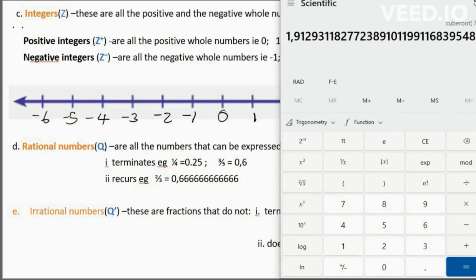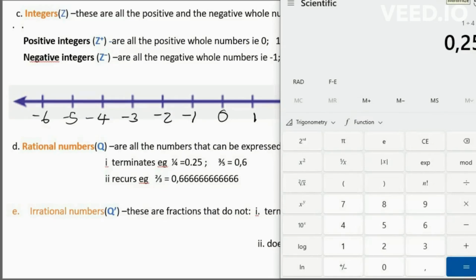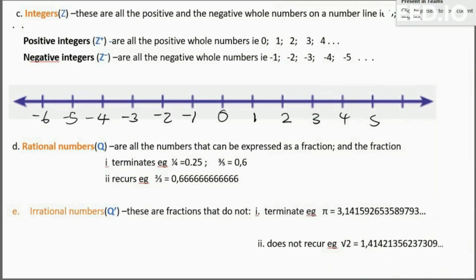So 1 divided by 4, your answer will be 0.25. Same with 3/5. Changing it to a decimal fraction, it will give you 0.6. So these decimal fractions are terminating.